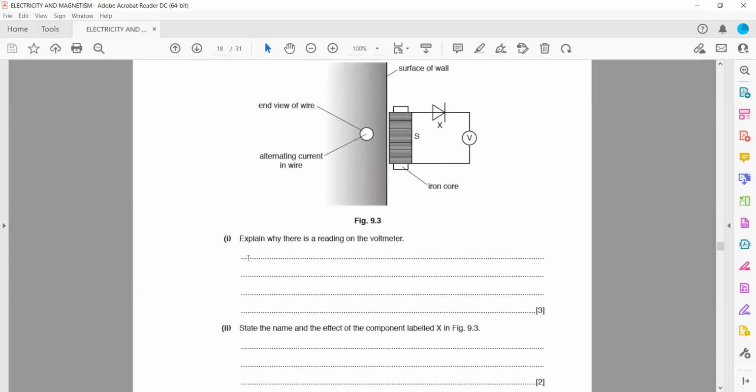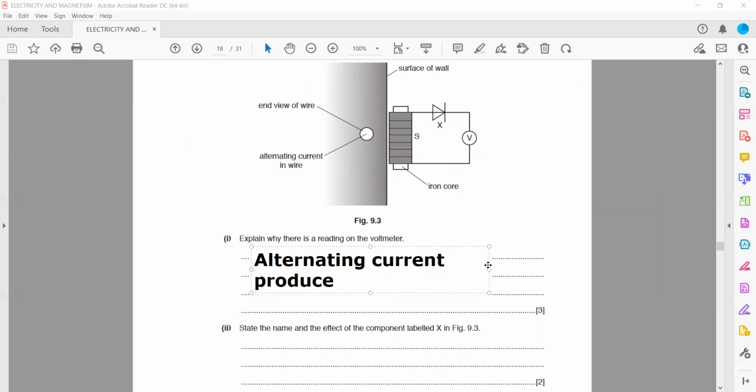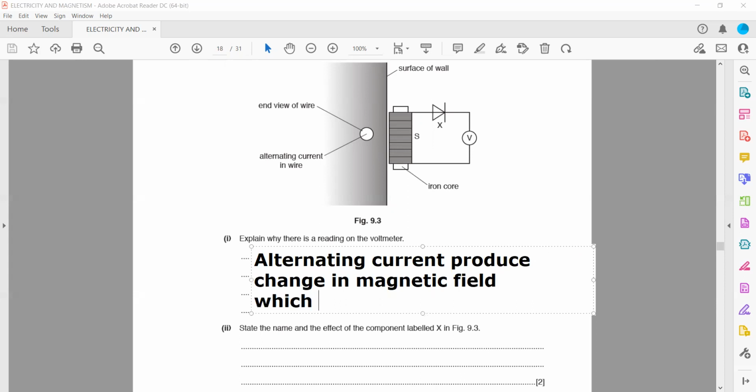Because the alternating current produces a variable magnetic field, or a change in the magnetic field, which induces an EMF in coil S. The alternating current produces a change in the magnetic field and magnetizes the iron core.